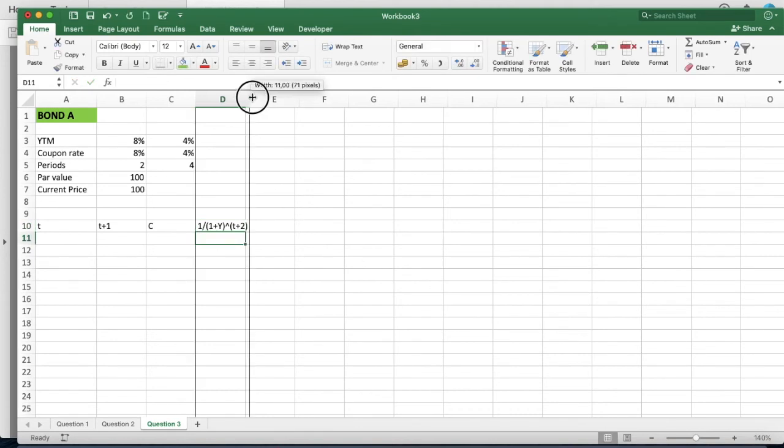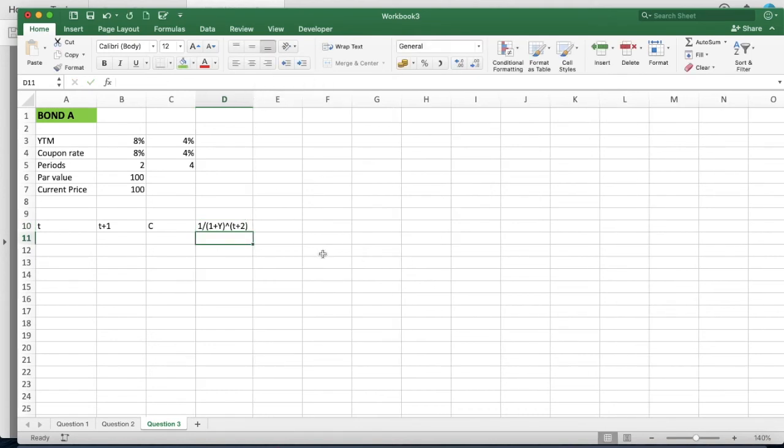Then we have the t times the t plus 1 times the c divided by of this expression.